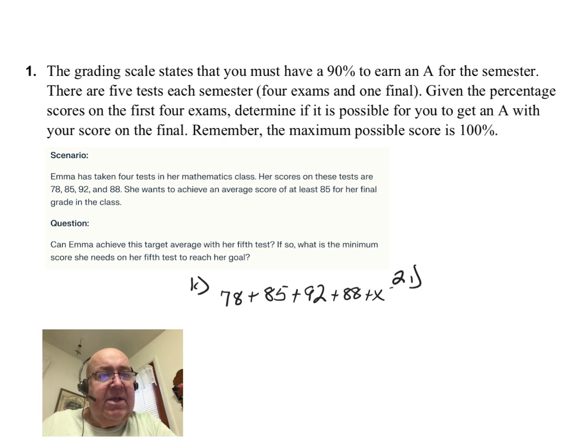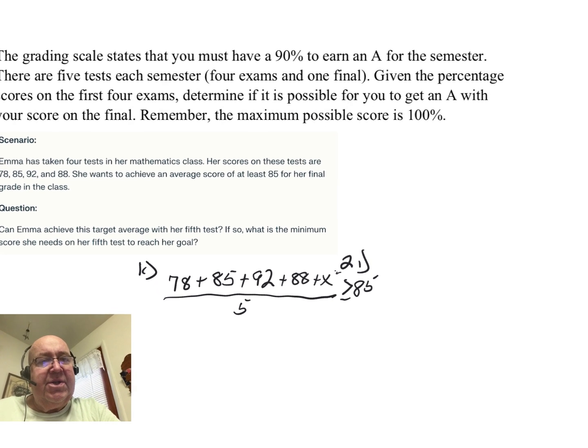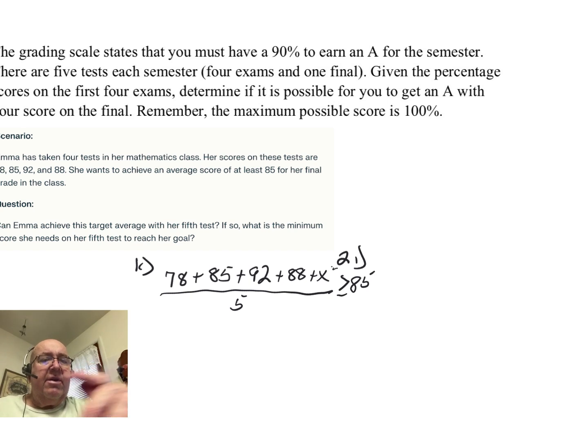We need the average of those scores, so we're going to divide by 5 to find the average. That average has to be greater than or equal to 85 in this case. So again, as you do this, you're going to use proper language. The average needs to be at least 85 in order to get a B, a solid B.